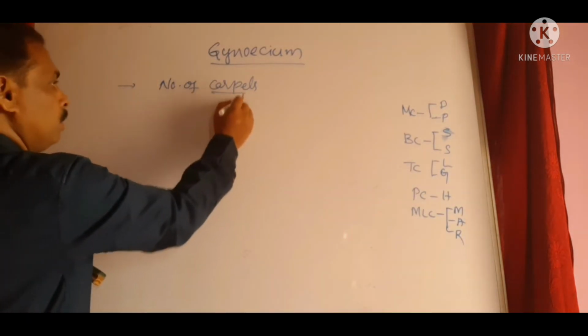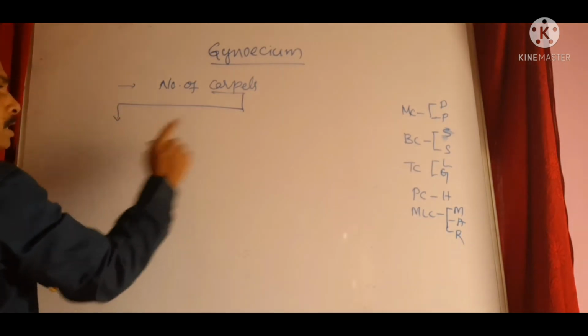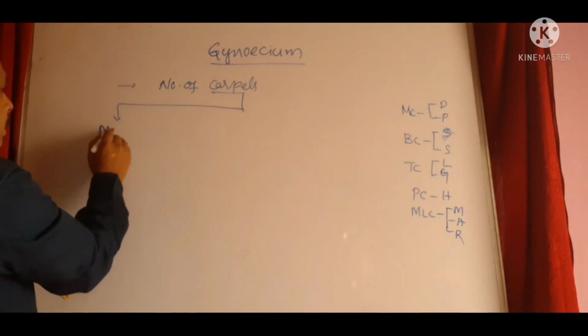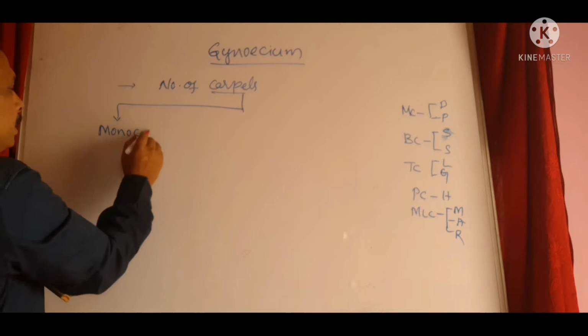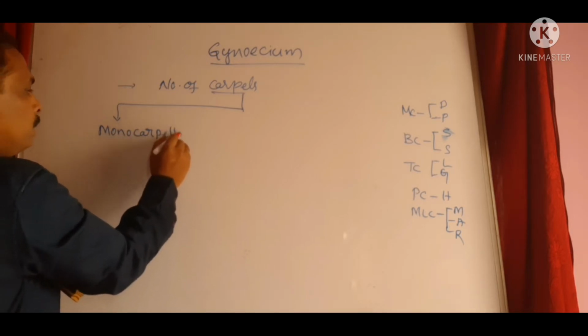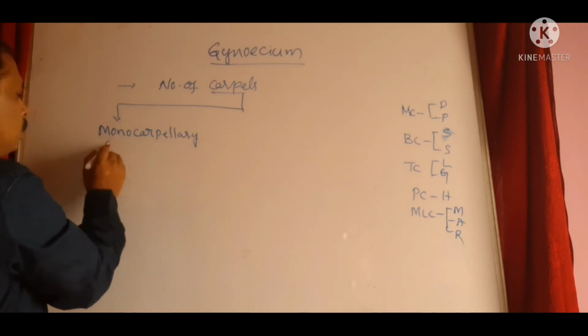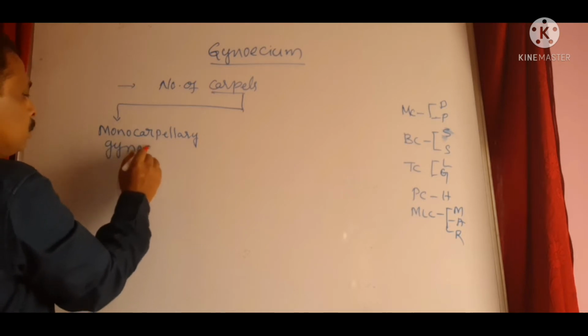Look at the types. The first one is MC, monocarpellary. If a single carpel is present in a gynoecium, it will be called monocarpellary gynoecium.